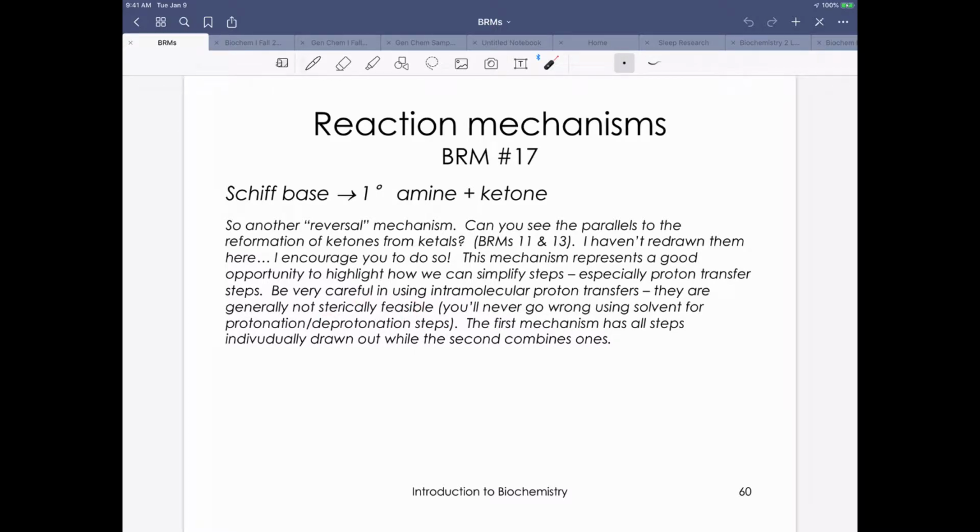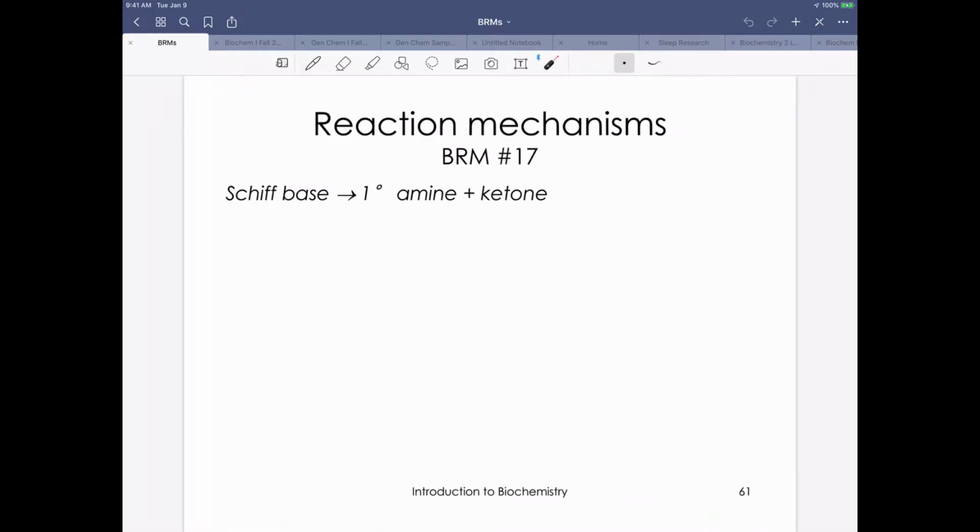You'll never go wrong with using solvent to protonate or deprotonate. That is probably a good rule of thumb unless there's some other reason to consider another mechanism. I'm only going to show one mechanism here where I draw out some individual steps, but we'll talk about how we could combine them together.